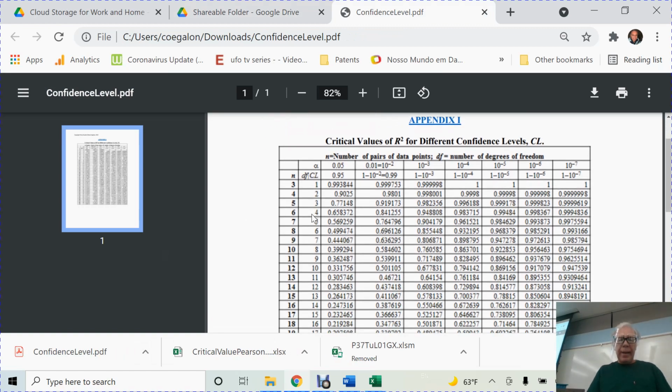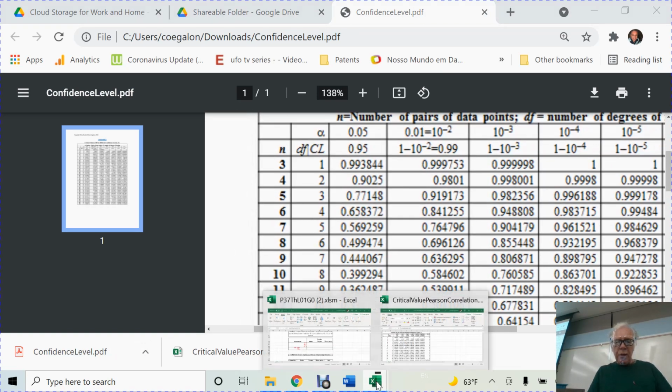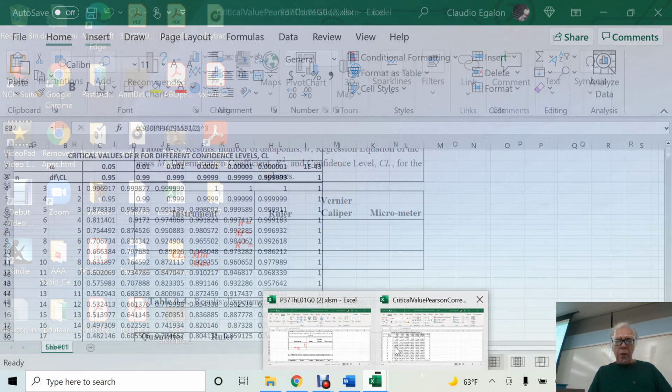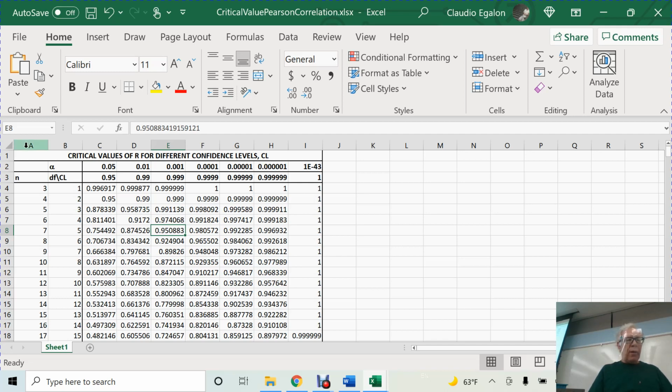I'm going to explain. I have a better document. Okay, here you go. Note that in your file, you have the following. You have the column for n. Let me change something here.